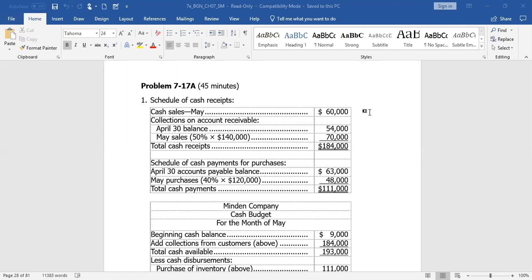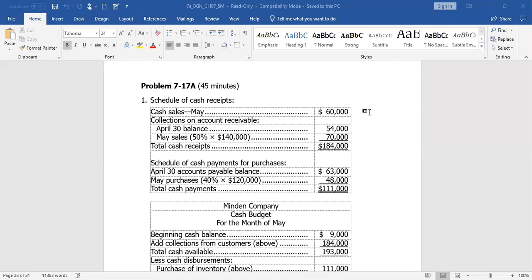The balance in accounts receivable is last month's sales that were not collected during last month, so they'll be collected during May. So the total cash receipts from sales are $184,000.